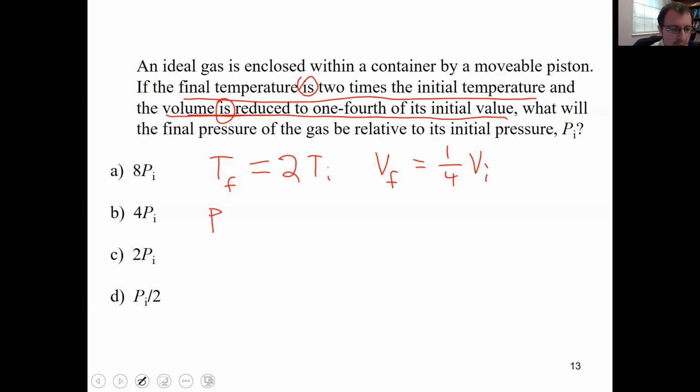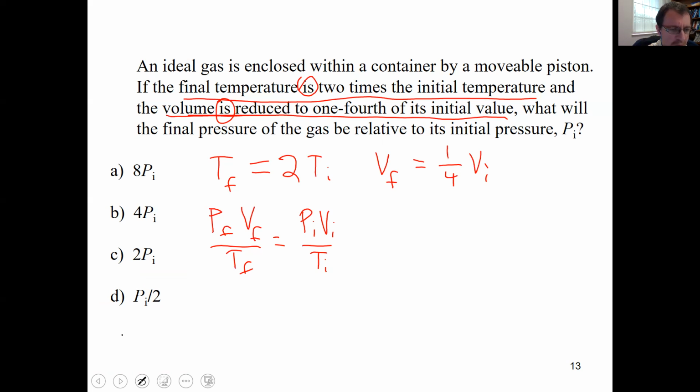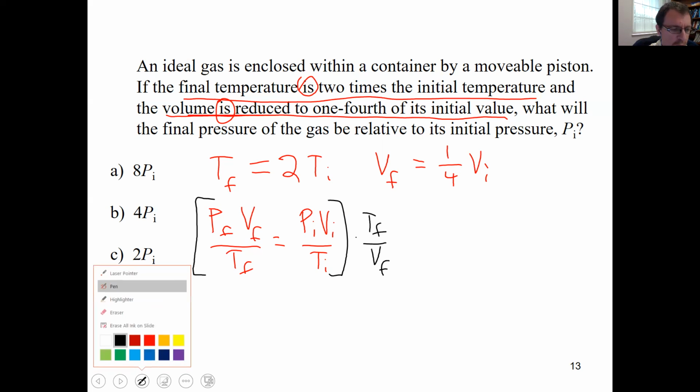Now we need our expression there, P V over T equals P V over T. Let's solve this for final pressure. We can do that by multiplying both sides by T sub F over V sub F. Multiply the entire expression by T sub F over V sub F. And then what are we going to get as a result?